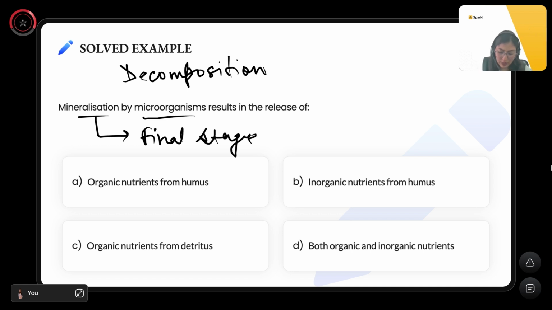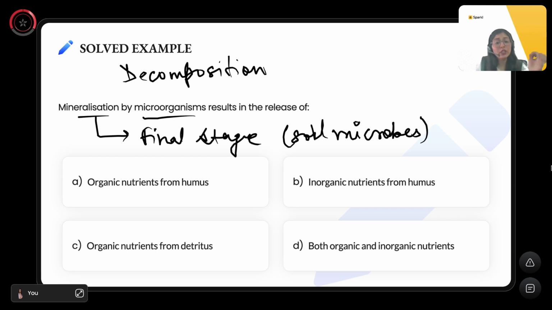So in this particular stage, the final stage of mineralization, specialized soil microbes break down the organic matter of the humus to release the basic inorganic nutrients.